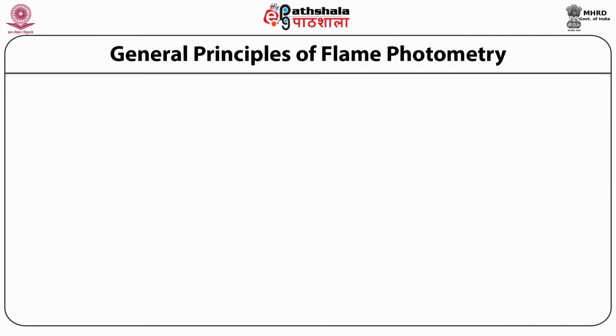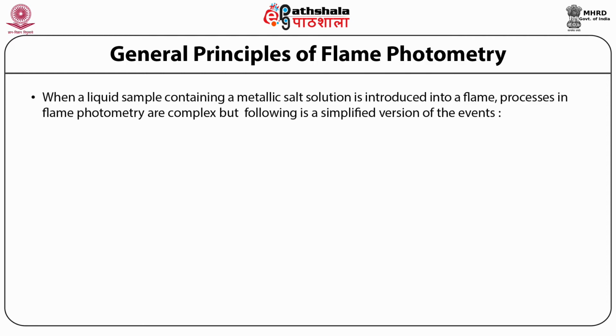Now we discuss the general principle of flame photometry. When a liquid sample containing a metallic salt solution is introduced into a flame, the processes involved in flame photometry are complex, but the following is a simplified version of the events. The solvent is vaporized, leaving particles of the solid salt.